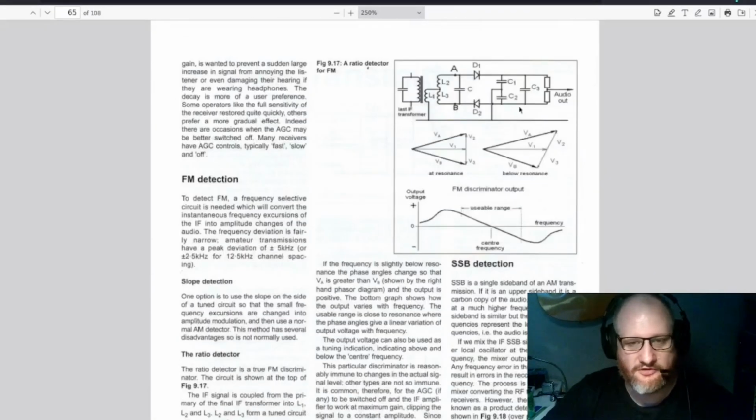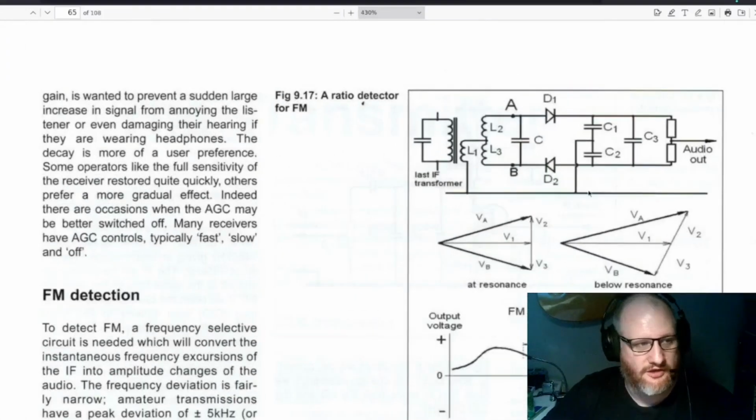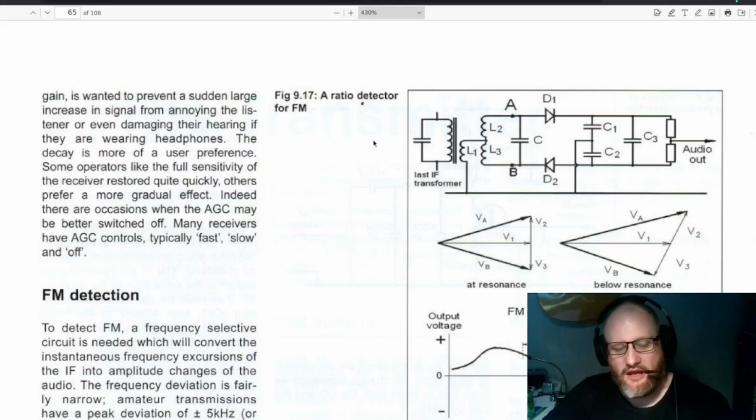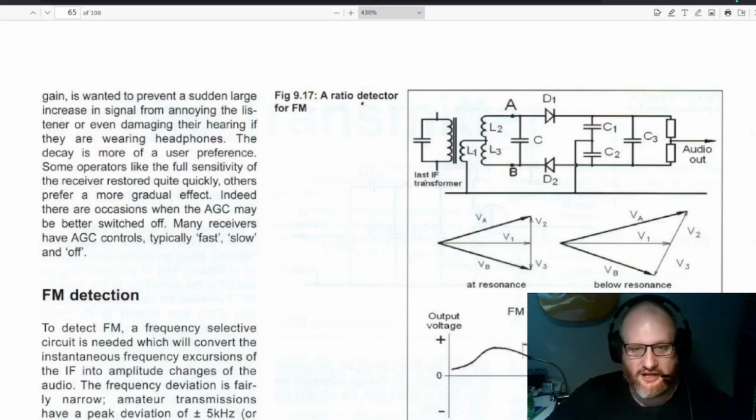It is covered in the full license manual, and there is a good description of how this works. This is the ratio detector here, and we effectively have this tuned circuit. The whole idea behind the ratio detector is we use the incoming RF, and we make this tuned circuit resonate, coupled with this inductor here.